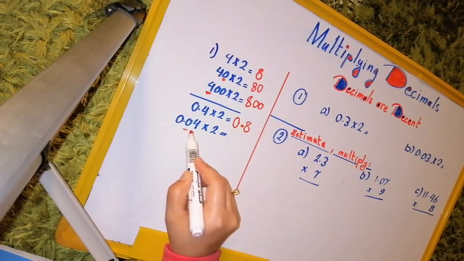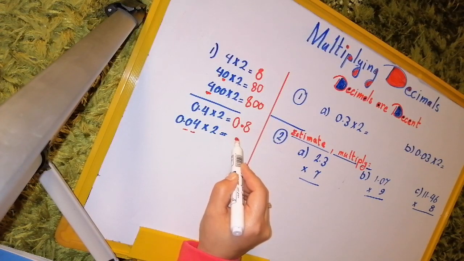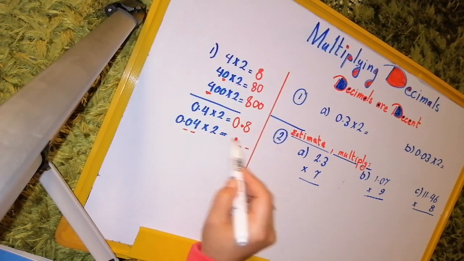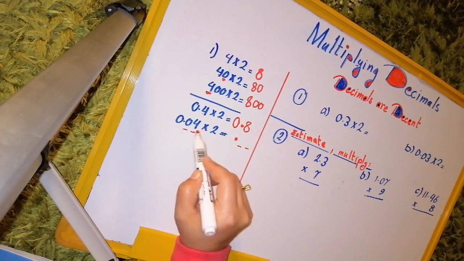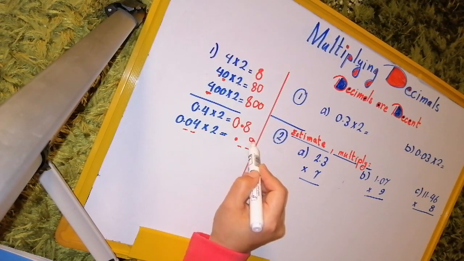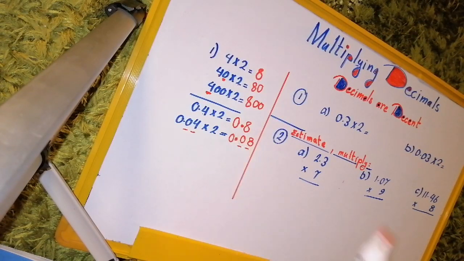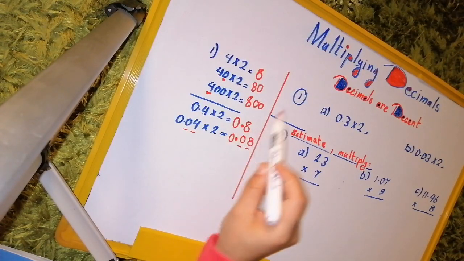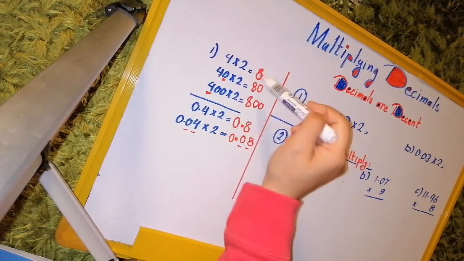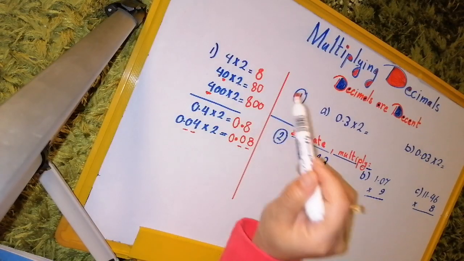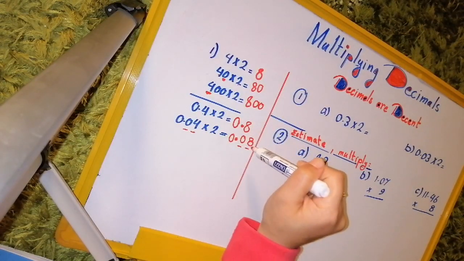I have 2 places after the point, so I'm going to put the point and give myself 2 places. 2 times 4 is 8, and the 8 is the first one, and here I have 0. Okay, so as you can see, still 2 times 4 is 8 for each one of them, and the only difference is the place.